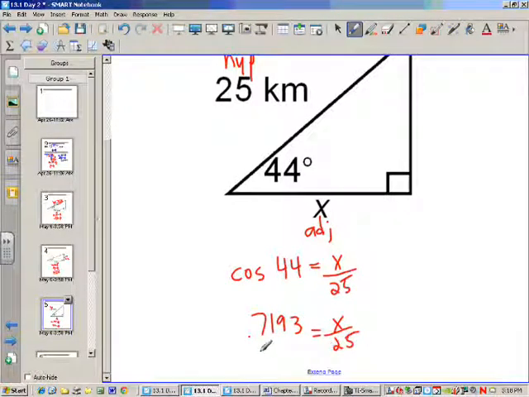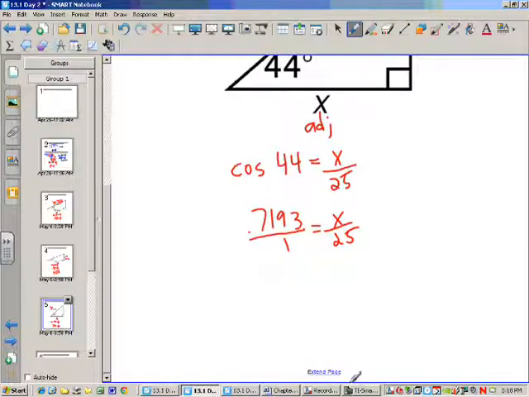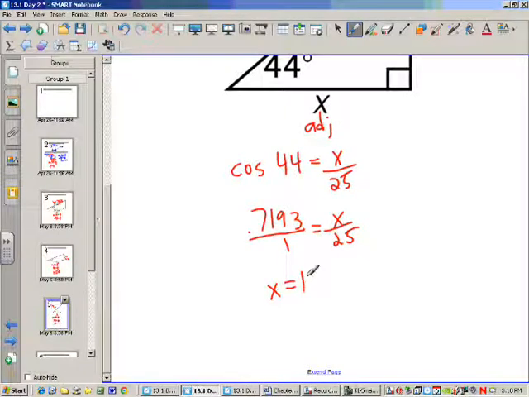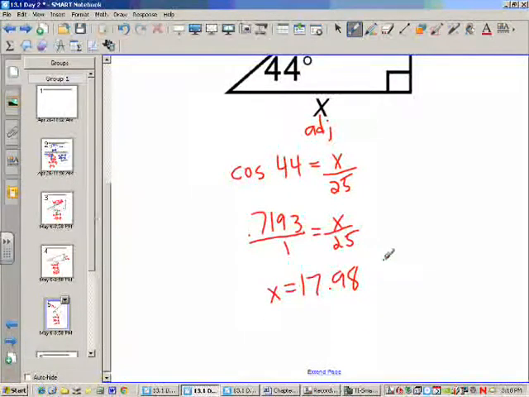Now we put this over 1, multiply both sides by 25. So that would be 25 times that divided by 1. So if I multiply by 25, I get 17.98. So x equals 17.98. So really close to 18. And that's kilometers.